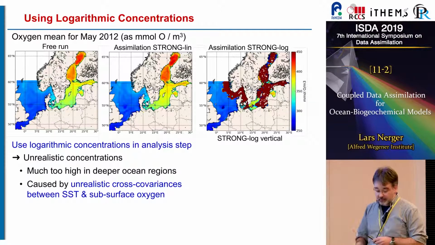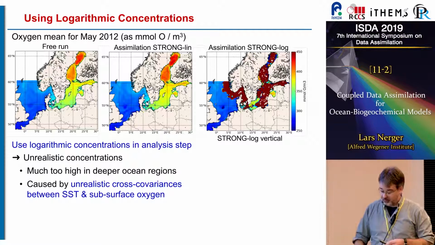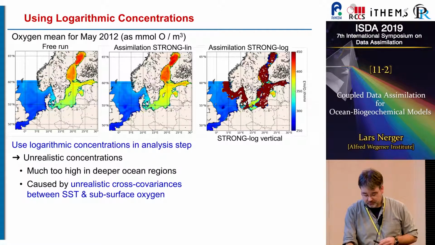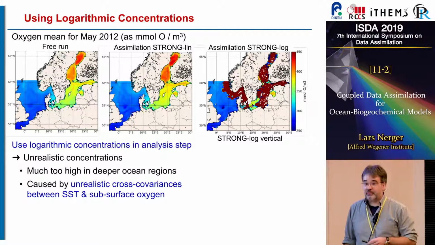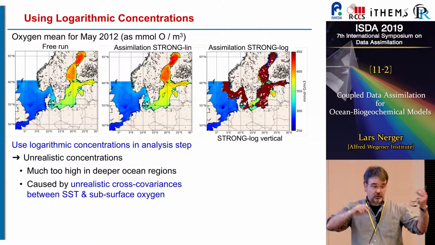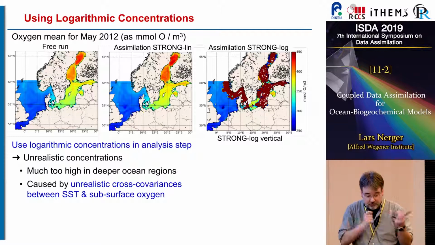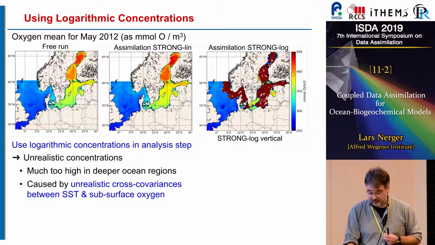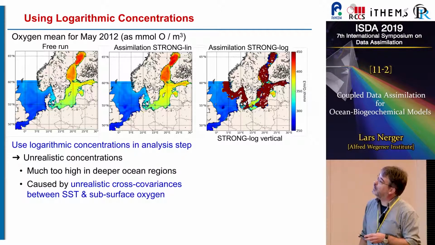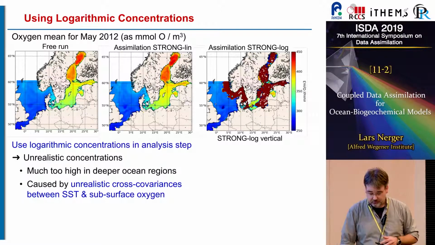So the theoretical assumption that we have is not really fulfilled. We have this linear regression between temperature and the biogeochemistry, and we don't fully know what is the right variable to regress with. And seemingly, logarithmic biogeochemistry is not the right one.